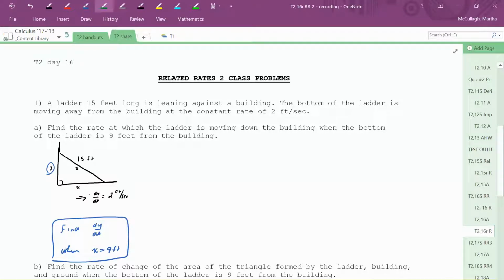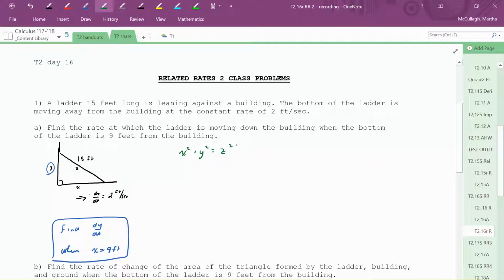We need an equation that will connect x, y, and z: x and y because we have information about them, z because we know that length, and y because we're interested in finding dy/dt. So we'll go back to our Pythagorean theorem again, x squared plus y squared equals z squared.